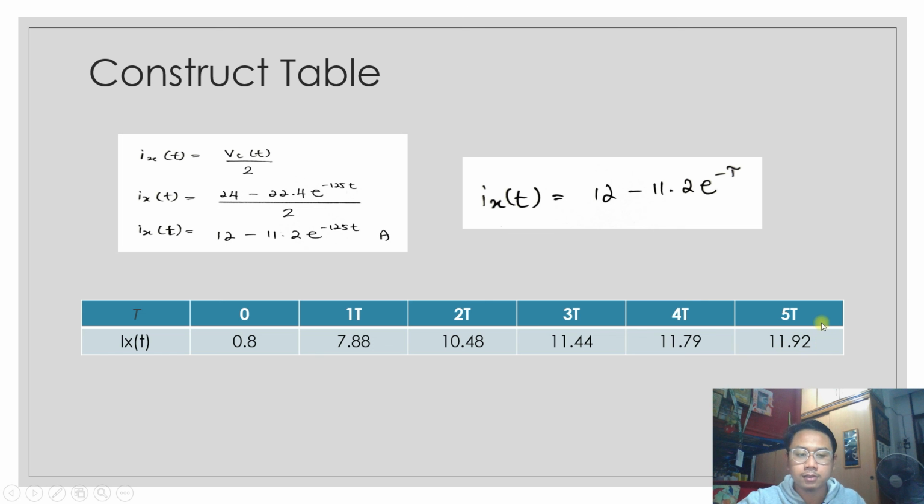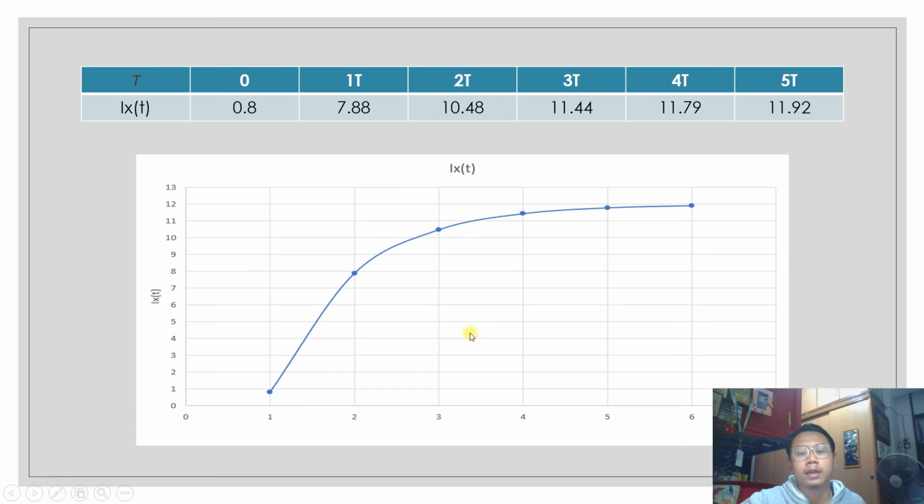From this table, we can see the graph will increase, same as the graph of VC(t), and the graph will become like this, when tau is equal to 0 until 5 tau.